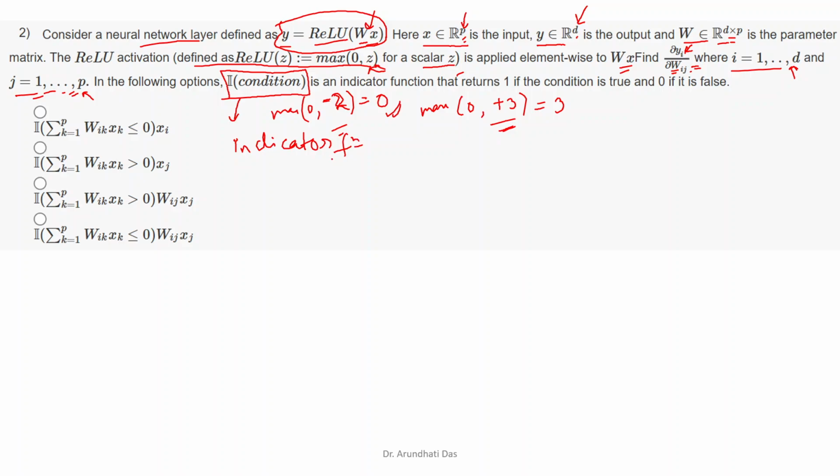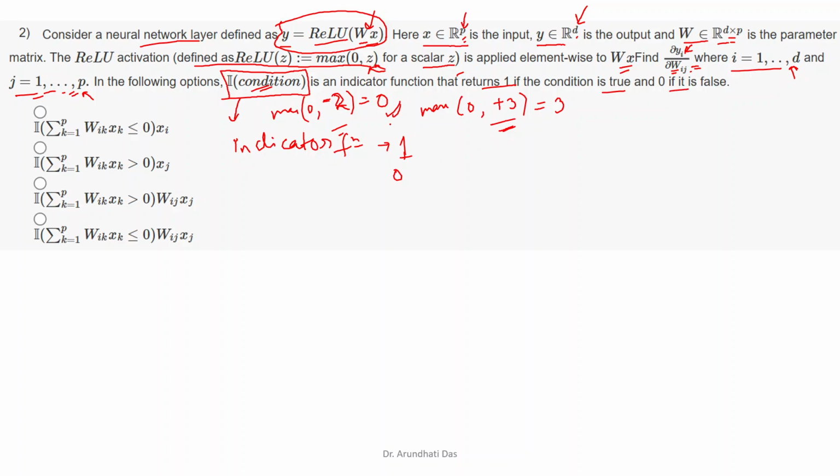This indicator function has a condition within it, and it returns 1 if the condition is true, otherwise it returns 0.